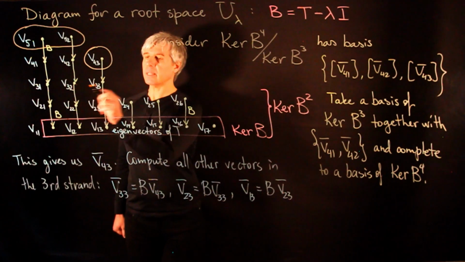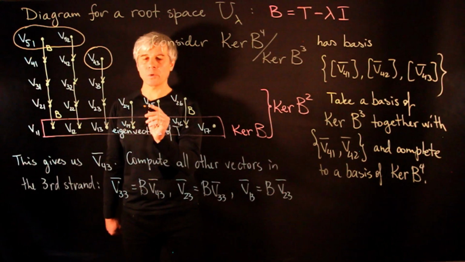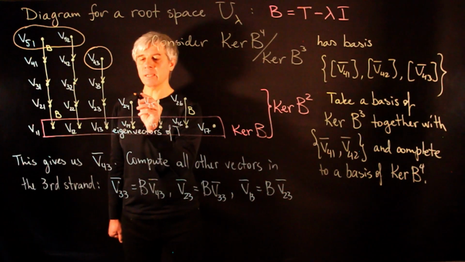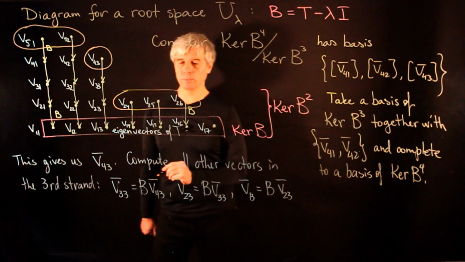Now we see that in this diagram we have no strands of length 3. So this tells us that we should proceed to finding the top vectors on level 2.